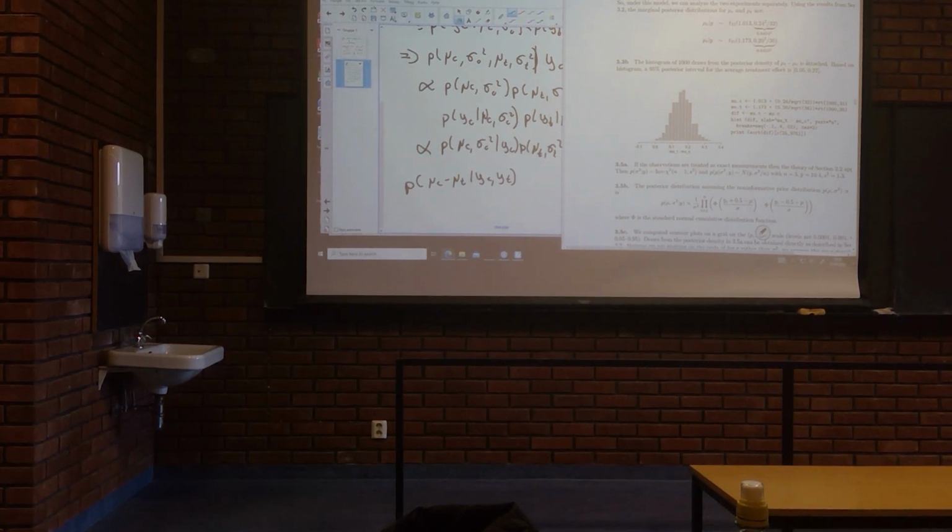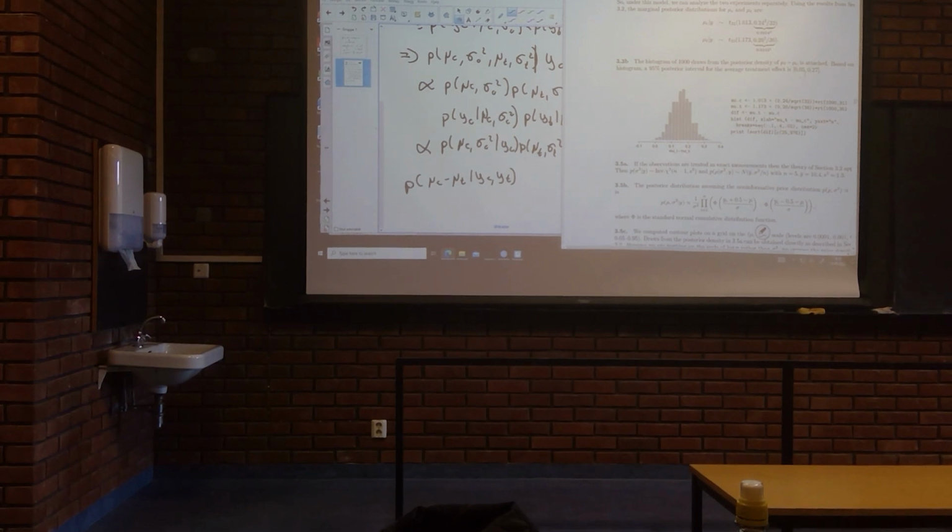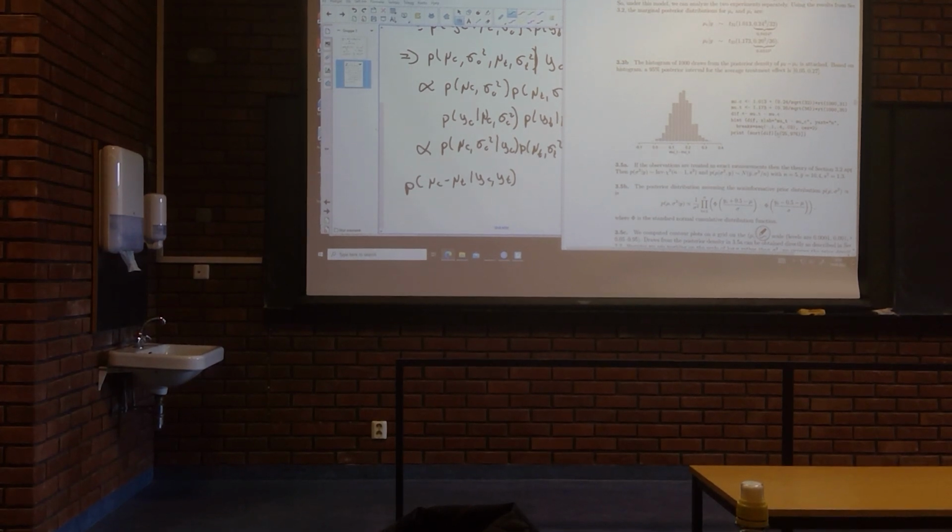We can also extract all kinds of summaries. So we can make a posterior interval, including constructing an interval where it is 95% certain that the parameter is within that interval. And this we can obtain by just taking empirical quantiles within these 1,000 simulations.